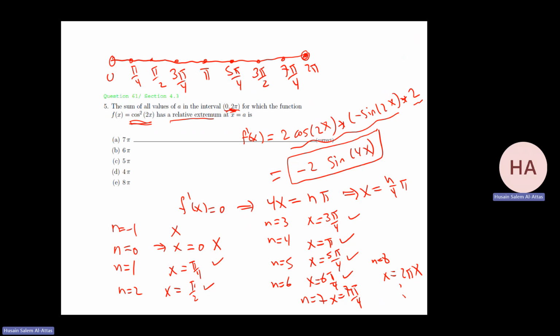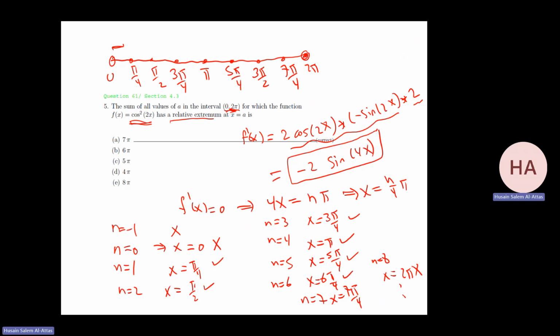Now take a value between 0 and pi over 4, or take pi over 8. So I have negative. Take a value between pi over 4 and pi over 2. I will take what? Yeah, 3 pi over 8.